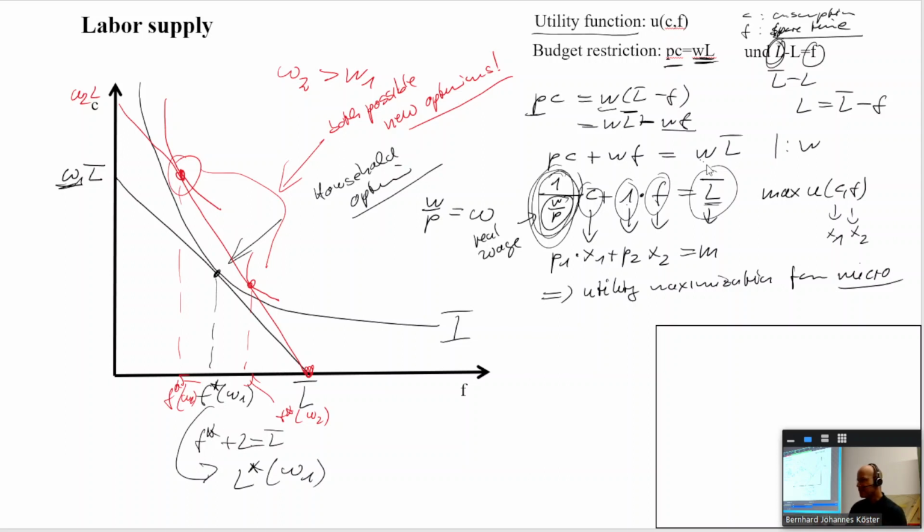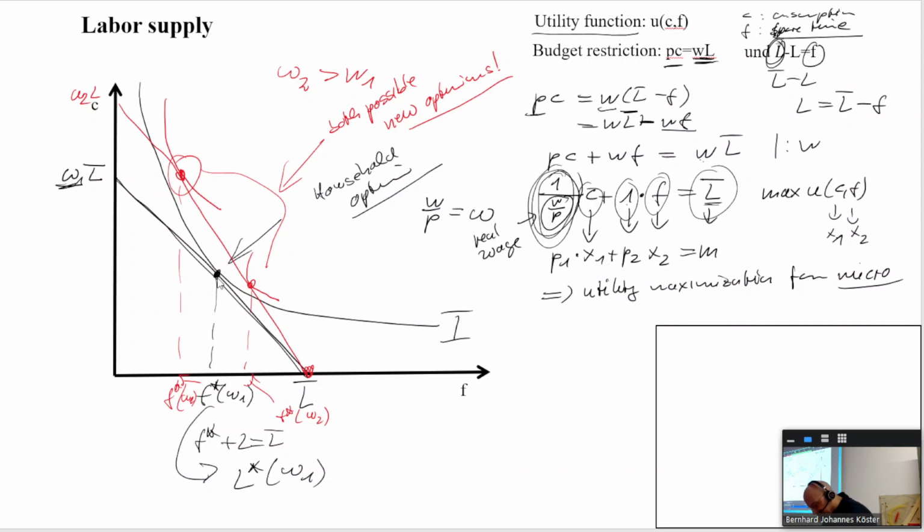So we have a budget, we have two prices, and we have two goods which we want to have, spare time F and the consumption good C. Well, and then this is just, as you have seen it in micro, a household optimization where you want to put your indifference curve representing your utility as far to the upper right side as possible.